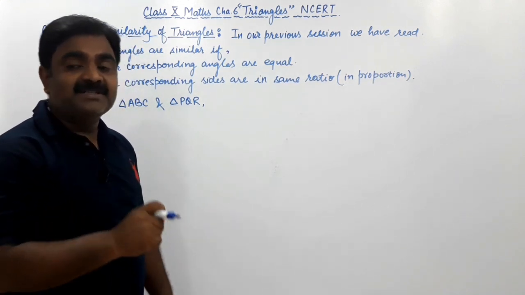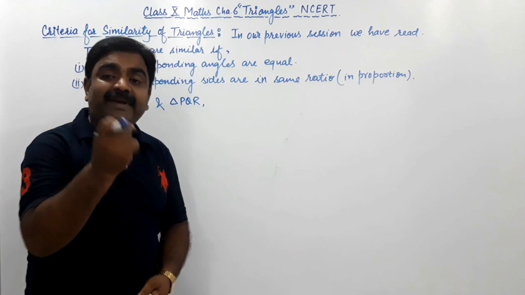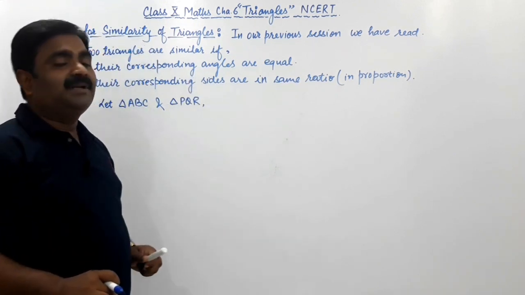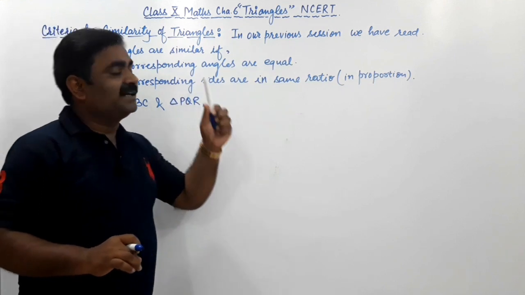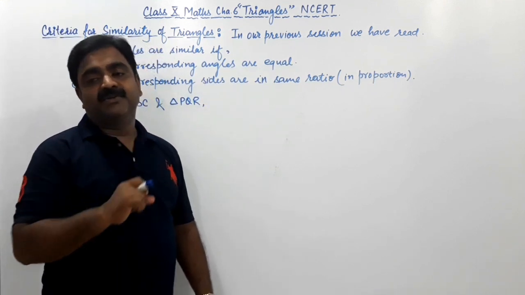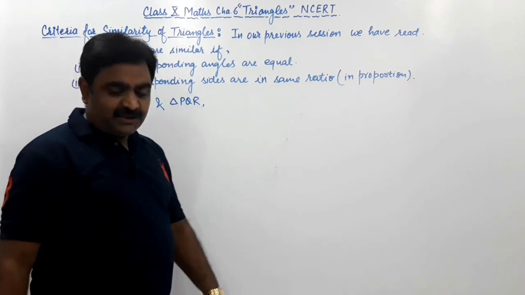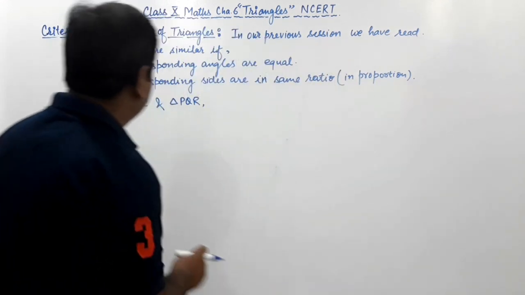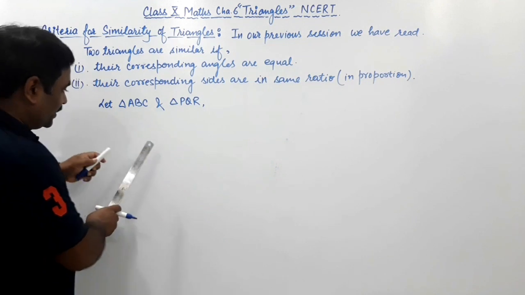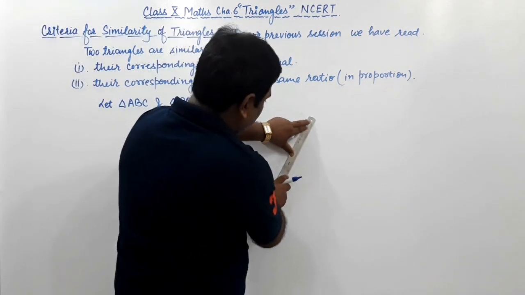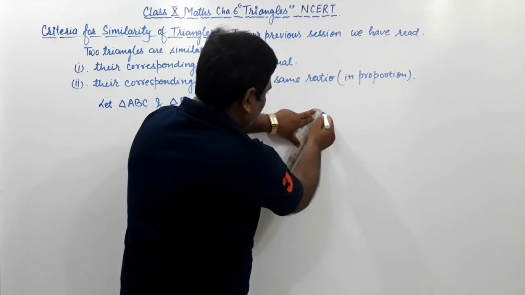These two triangles will be similar, but when? If their corresponding angles are equal and their corresponding sides are in the same ratio, right? So as we have taken these two triangles, triangle ABC and triangle PQR, let us draw the figure of it.